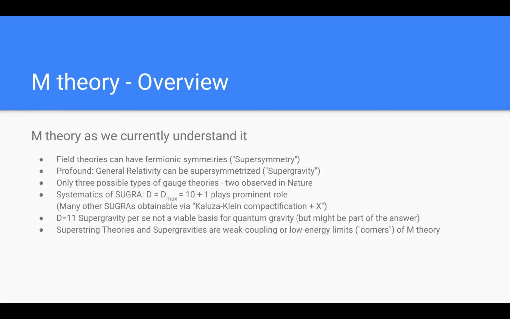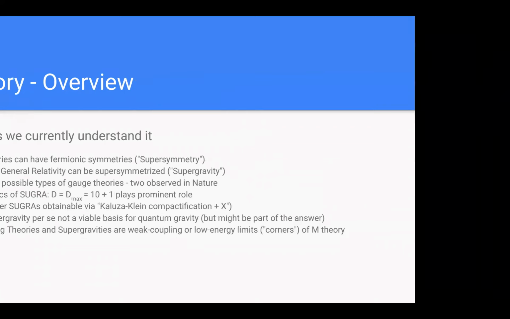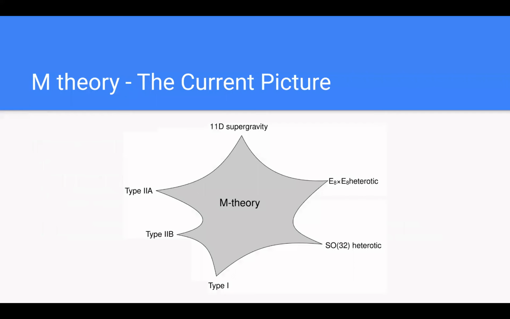So the 5 known superstring theories and supergravities we can see as decoupling low energy limits, in a way corners of the more general thing that has this preliminary name of M theory.